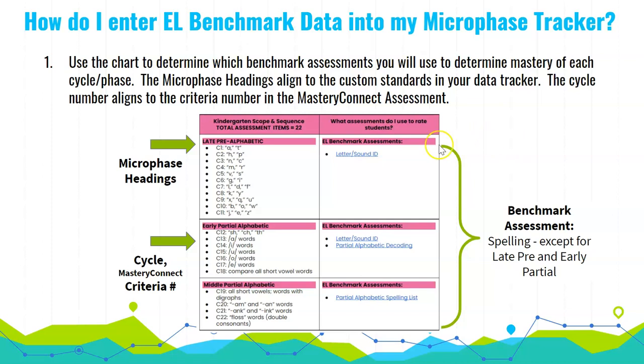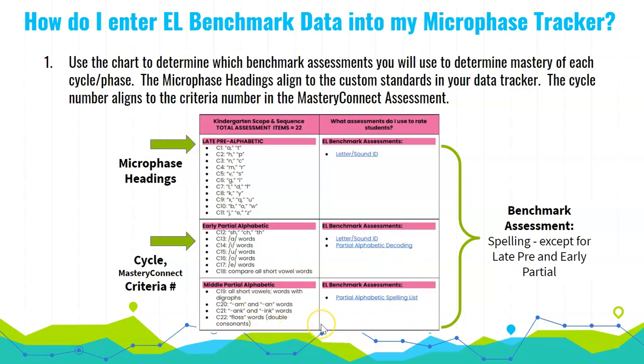In late pre-alphabetic, you start with the letter sound ID. Then, in early partial, you'll use a combination of letter sound ID and the partial alphabetic decoding list. By the time you get to middle partial alphabetic, you will be using the spelling lists.